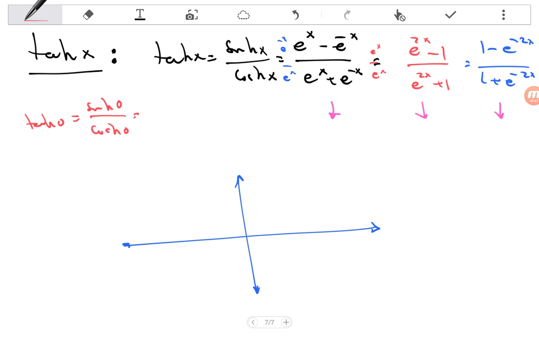What is sinh 0? It is 0. What is cosh 0? It is 1. So tanh 0 is equal to 0. So the origin is one of the points of tanh, much like sinh.